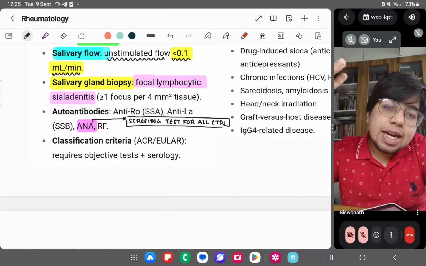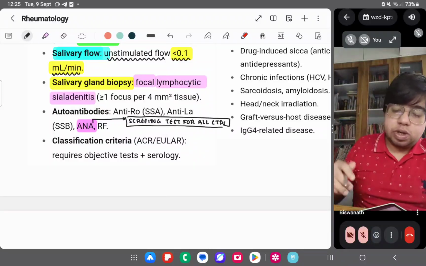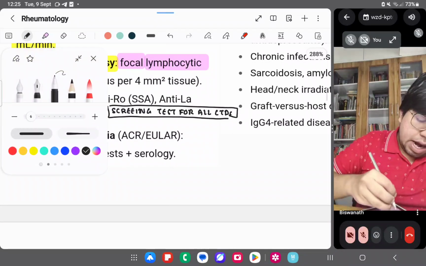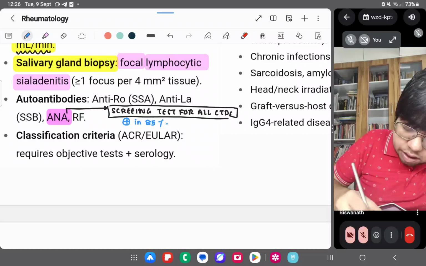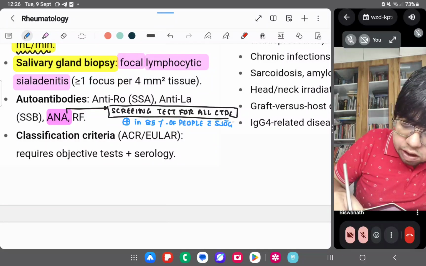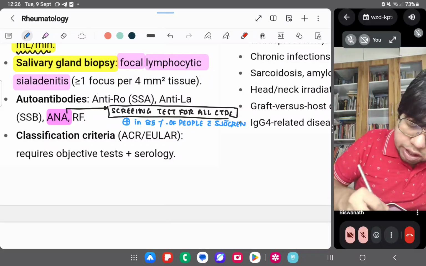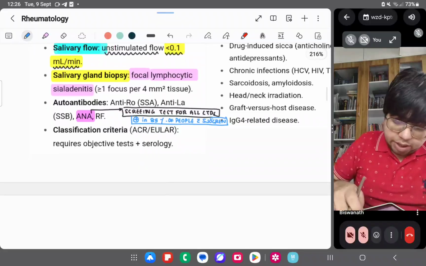If ANA is negative, then you have to do ANA profiling, which is positive in 85% of people with Sjogren.